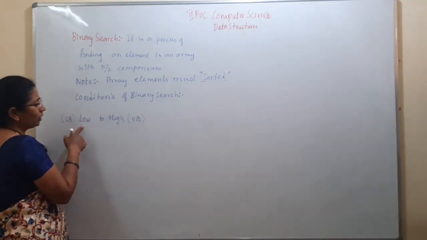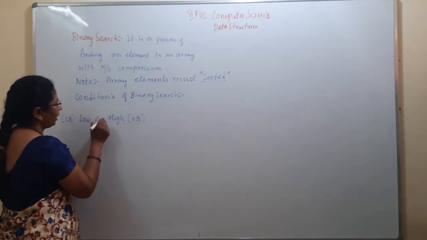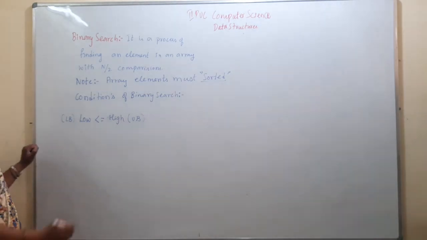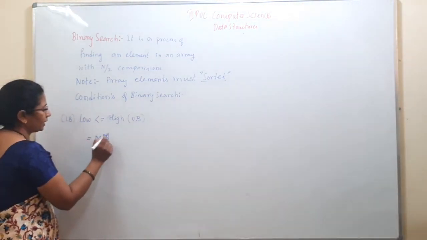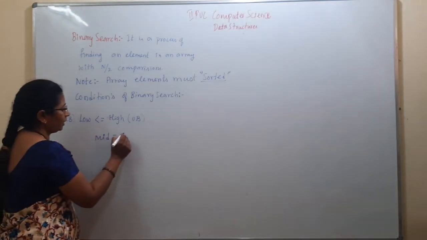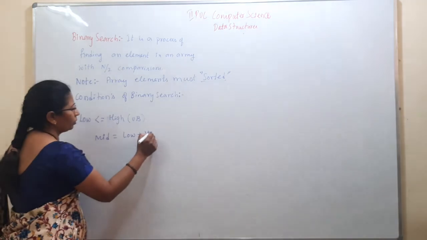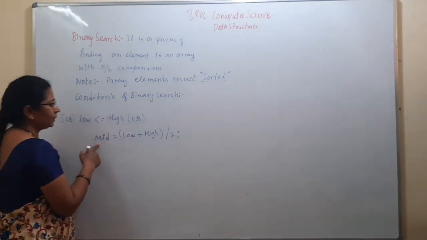If the low value is always less than or equal to the high, then only you can apply binary search. If this condition is satisfied, then we find the mid element first. What is the mid? Lower bound value plus upper bound value divided by 2. You will get the mid value.